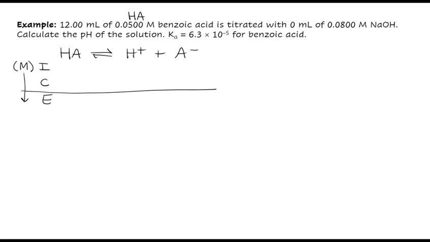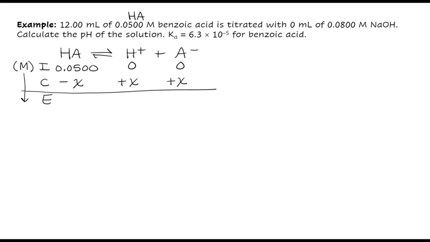We'll enter directly the molarity of the weak acid, 0.0500. Make sure you include all zeros because that will be related to our significant figures later on. H+ and A- are at 0. The change will be minus x for the HA, plus x for H+ and for A-.